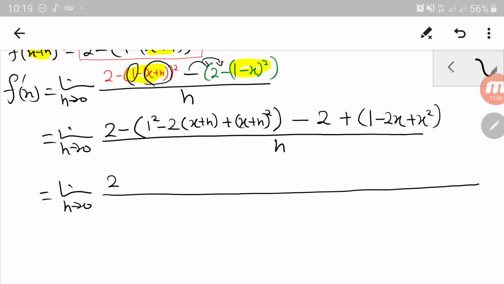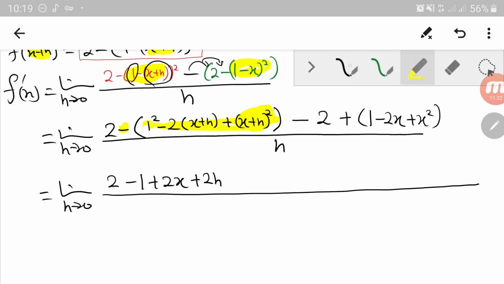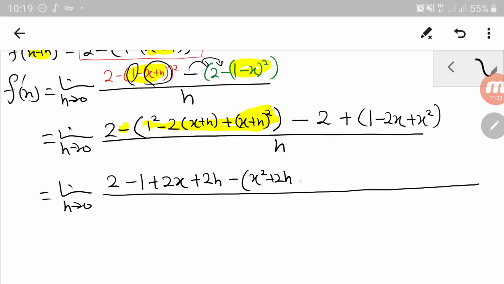So this one we expand the negative inside here, do it properly: 2 minus 1 plus 2x plus 2h. And then we expand this one also, so plus negative x squared plus 2hx plus h squared, minus 2 plus 1 minus 2x plus x squared.